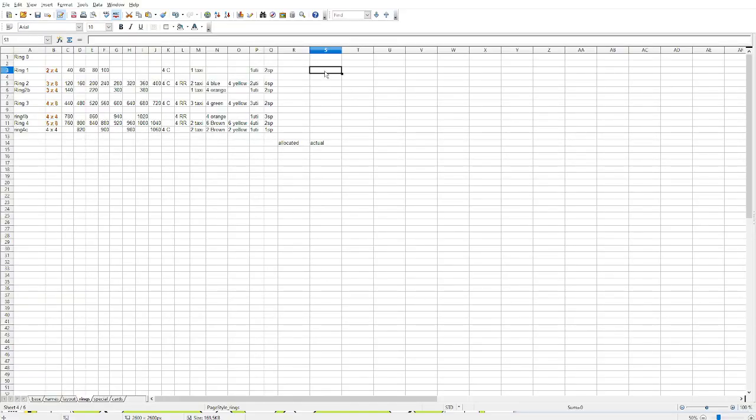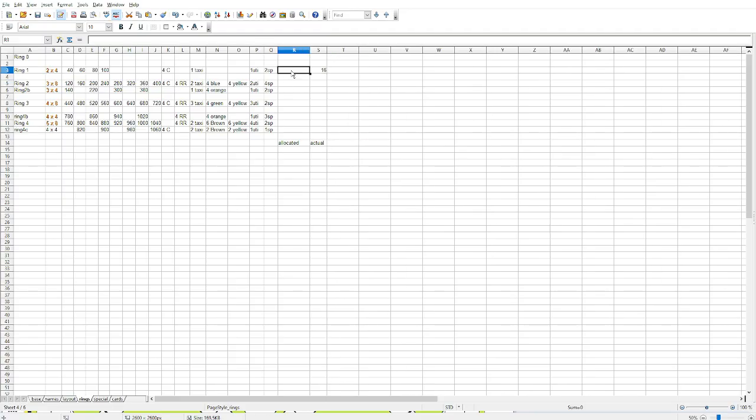Actual total here is 16 then. What do I have allocated? I have 8, 2 times 4 property groups, 4 corners, and 1, 1, 2. So I do actually have 16 allocated. Good. Those match.